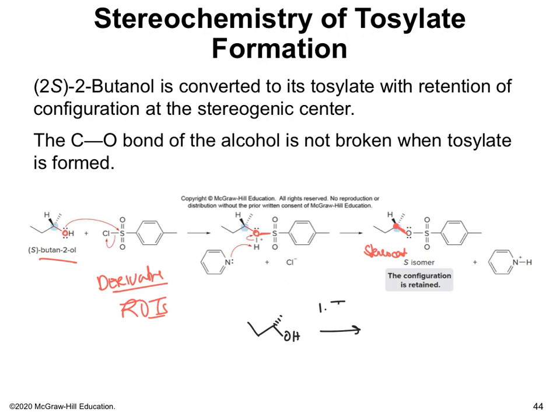Okay, so let's do tosyl chloride and pyridine. And then let's do sodium bromide. Well, the first reaction, step one, what does that look like? Well, let's do this like this.